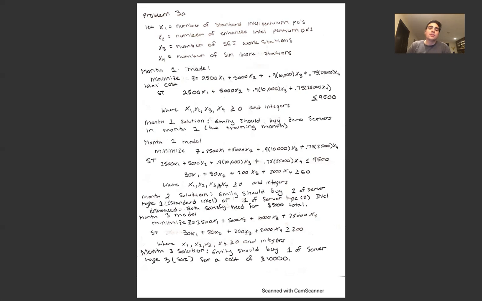More importantly, we have the constraint of having to support at least 60 people on the server. This is the number of people that each server supports added together. Again, X1 through X4 should be greater than or equal to 0, and they have to be integers. This solution tells us that we should either buy 2 of server type 1 or 1 of server type 2. It doesn't matter. Both are going to meet our support level of 60 or greater.